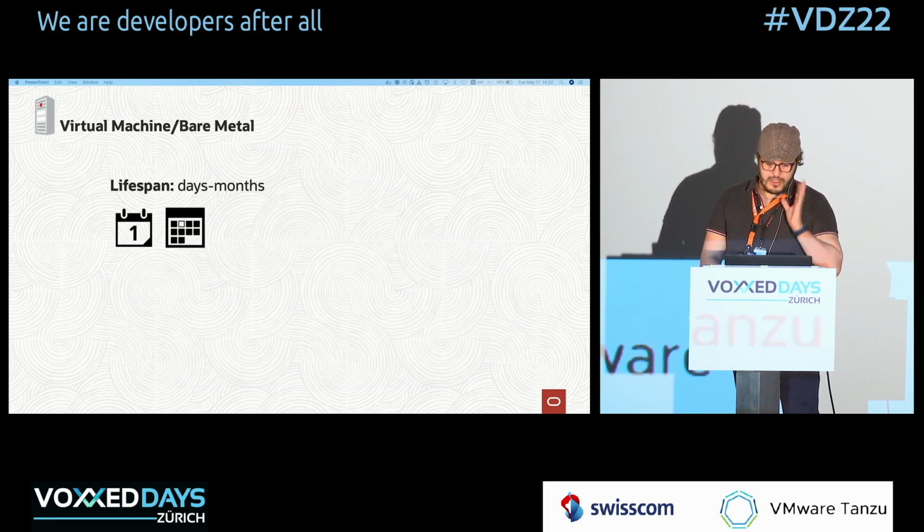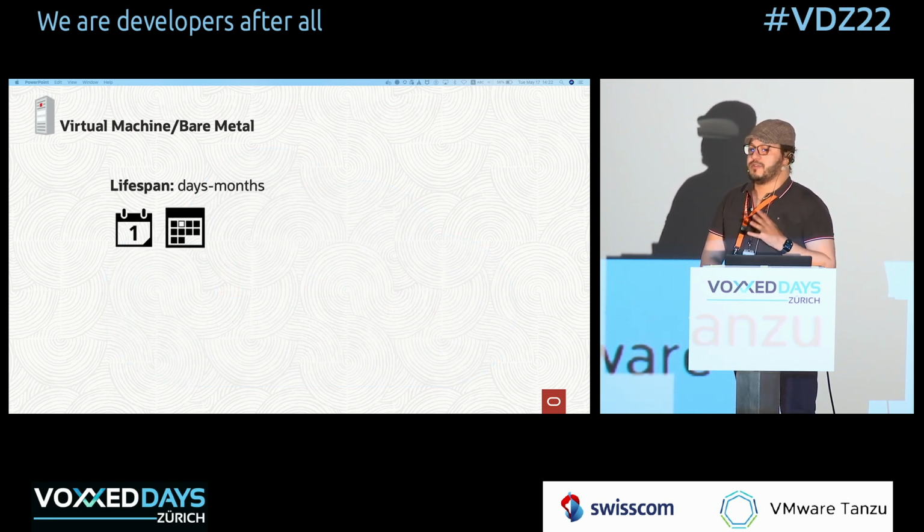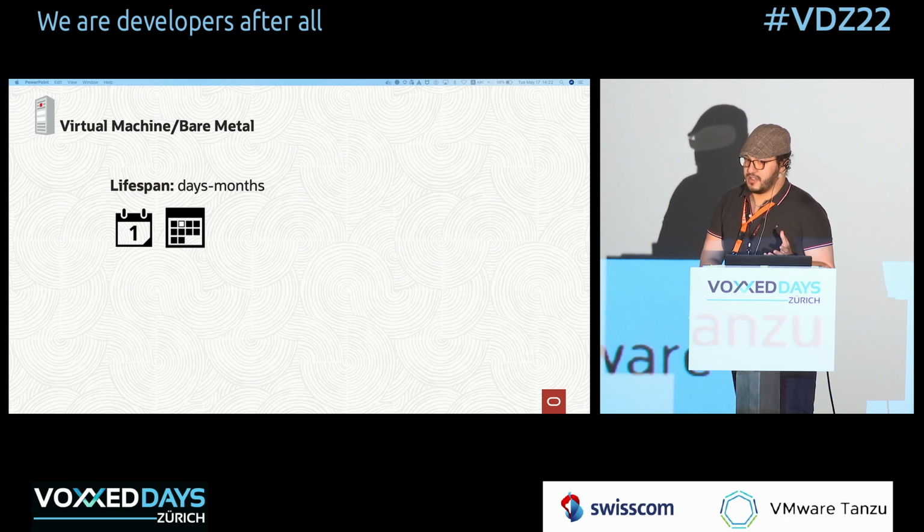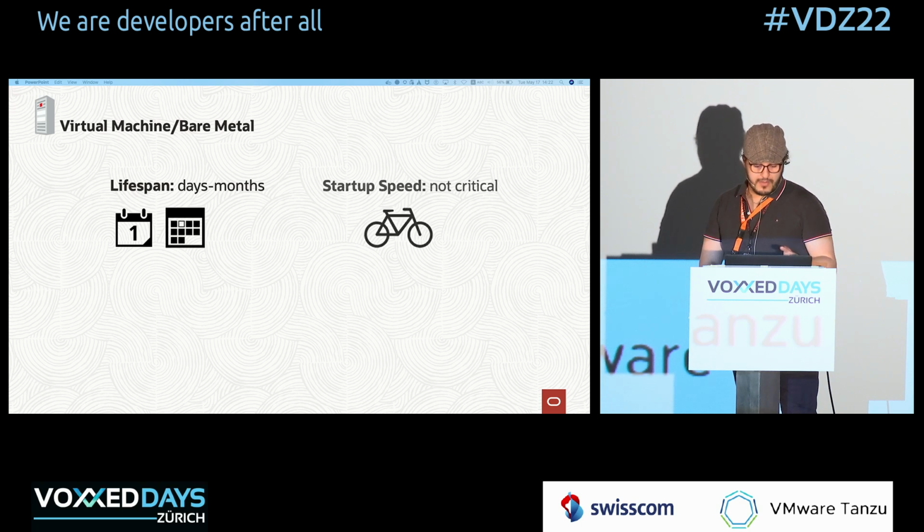So for virtual machines, we know that for most of those virtual machines or bare metal machines, the startup time for the machine itself takes forever, right? And then you're expected to keep running your application for days or months without any restart of the machine. Startup speed is irrelevant because just starting the machine itself will take a lot of time.